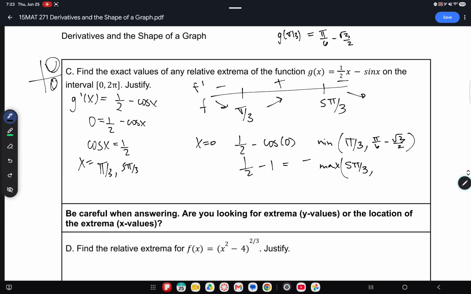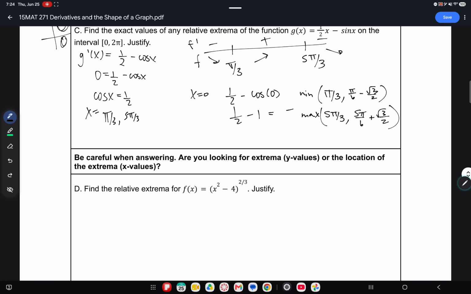I don't care about the decimal. And then 5 pi over 3. Let's see, if I do 1/2, it's going to be 5 pi over 6. And then the sine of 5 pi over 3 is negative root 3 over 2, so really that will be plus. Alrighty. And there's our points.